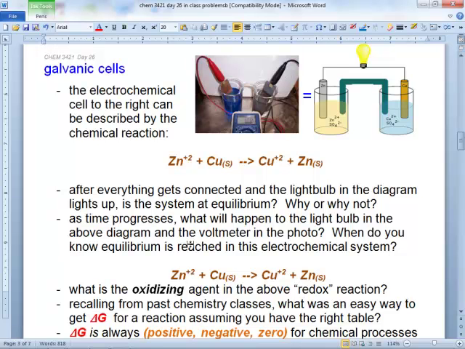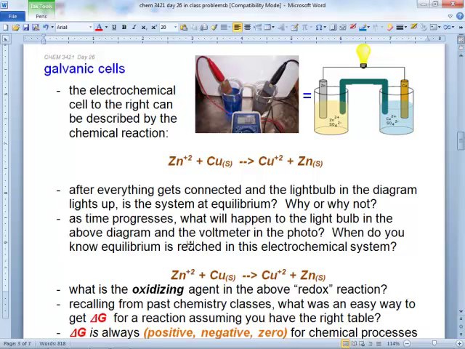But as time progresses, what will happen to the light bulb? It will get dim. What will happen to the voltmeter in that photo? Yeah, that voltage is going to go down. When do you know equilibrium is reached?